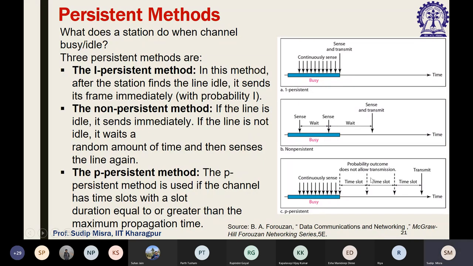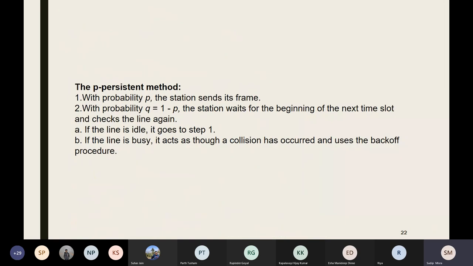Now it is not as simple as is shown over here. P-persistent basically uses a little more complex algorithm. So this is what you need to really try to understand.